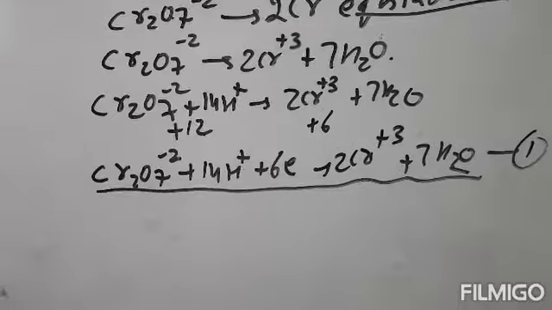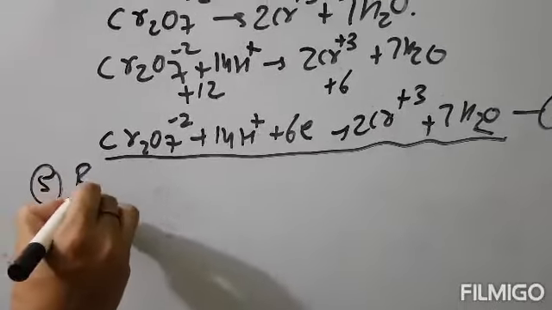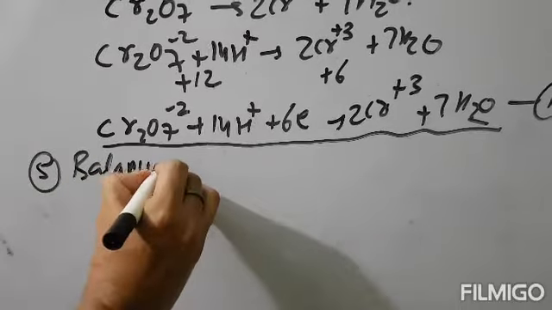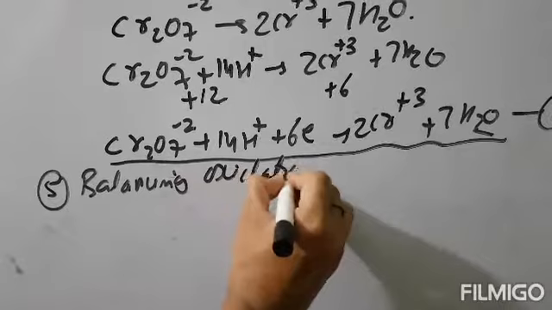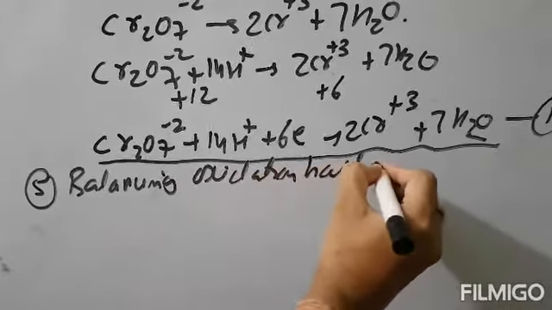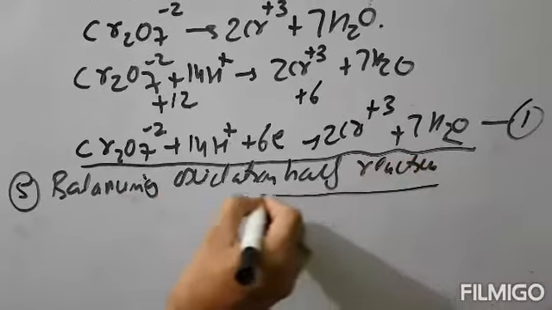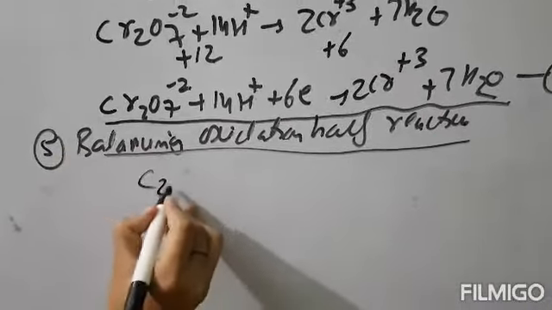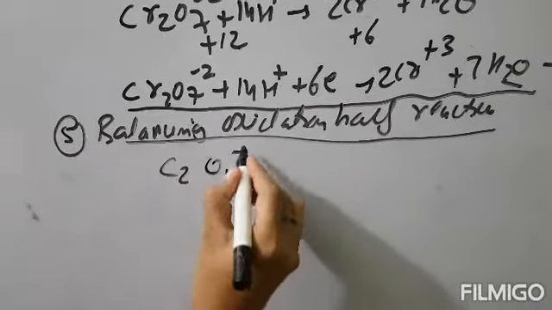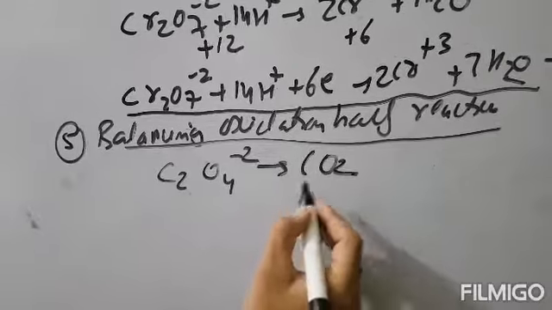Now we'll go for balancing of the oxidation half. The fifth step is balancing the oxidation half reaction. Let us take the oxidation half: C2O4 2- giving CO2. First we are going to balance the carbon atoms.